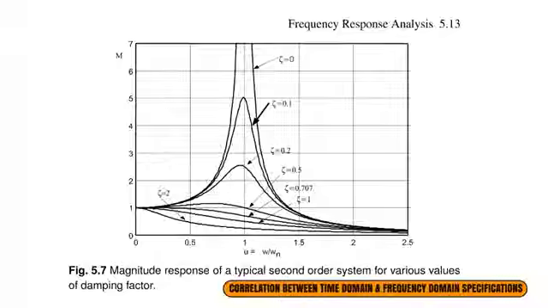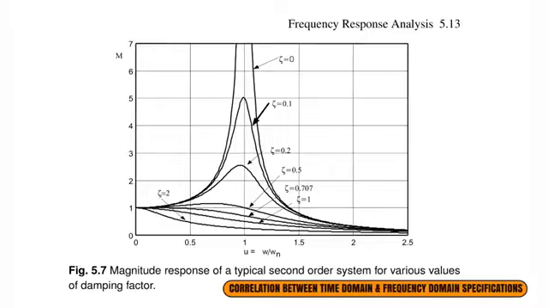Here, when zeta equals 0, the amplitude is maximum. When zeta is greater than 0.707, the magnitude is less than 1. If zeta is less than 0.707, the magnitude keeps increasing. As zeta approaches 0, the magnitude becomes very high.